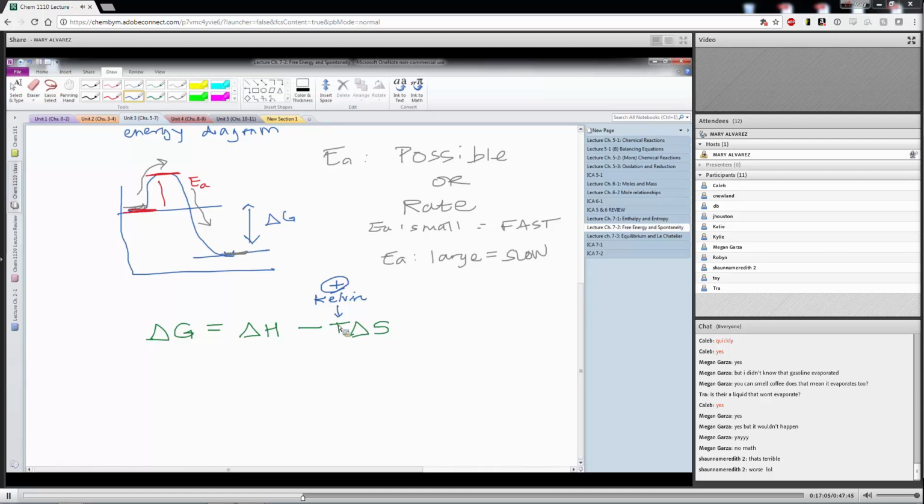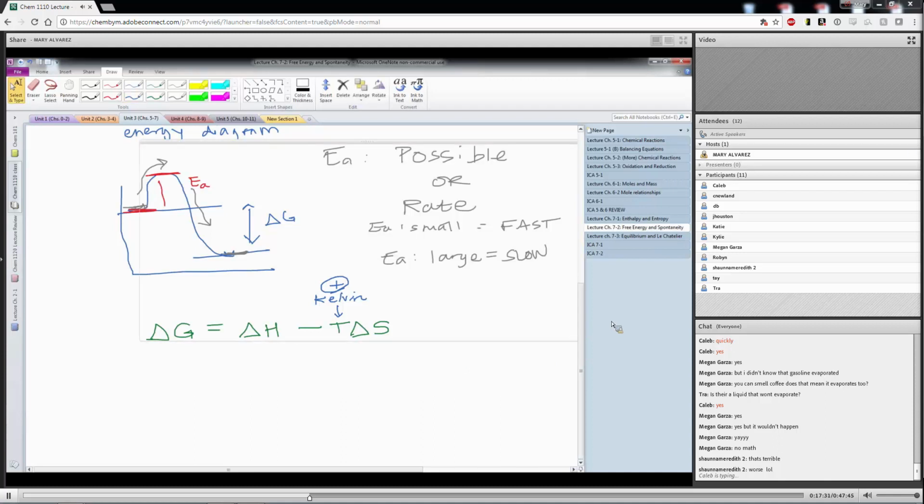The temperature in Kelvin is multiplied by the change in entropy. We know something about whether delta H is positive or negative, and whether delta S is positive or negative. We could use that to do some mental math to determine whether delta G would be positive or negative, and vice versa, okay?